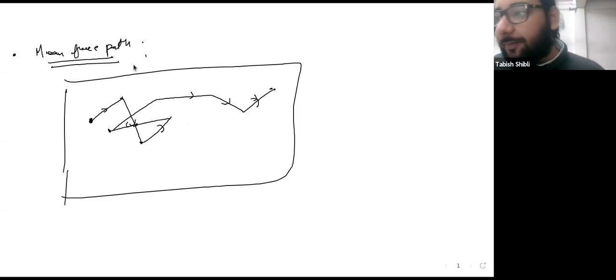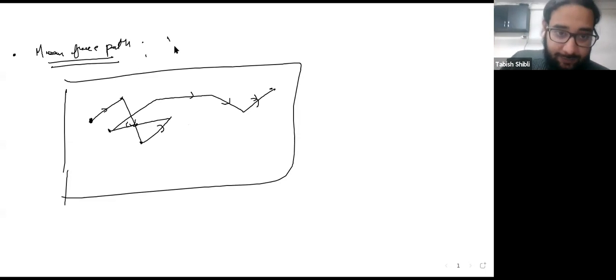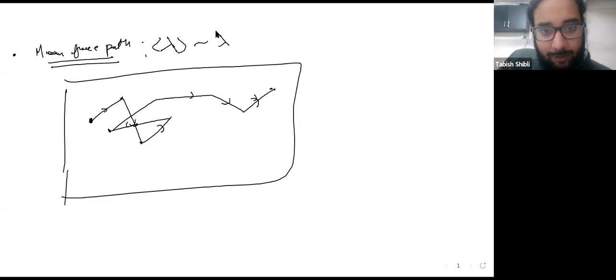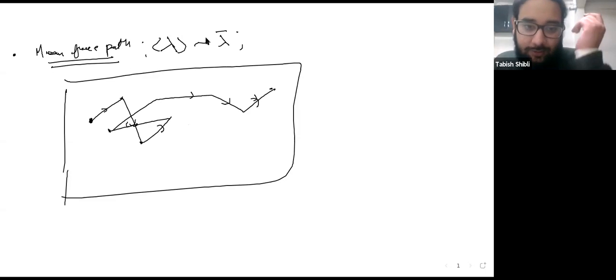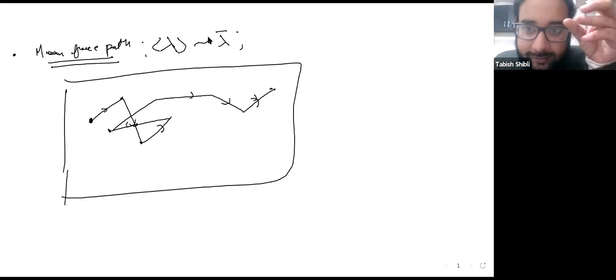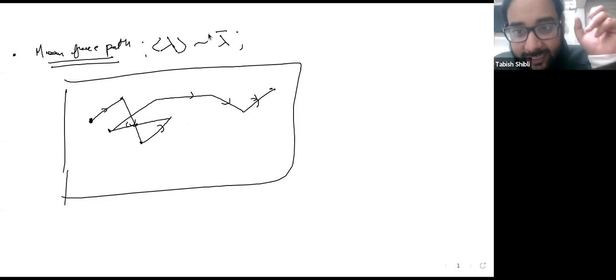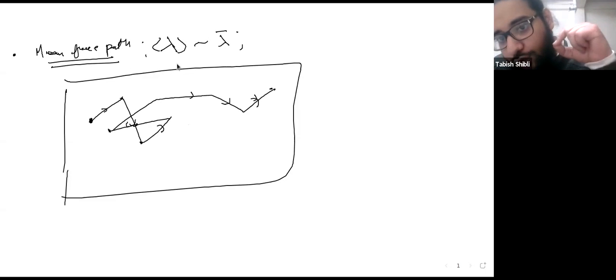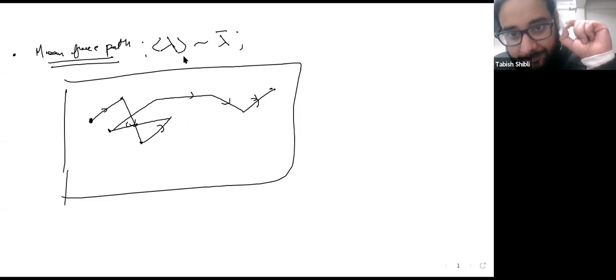What the mean free path defines is, first of all, it's given by lambda average, sometimes written as lambda bar. It's essentially the same thing. This mean free path is essentially telling you the average distance each molecule has to travel before it comes into a collision.